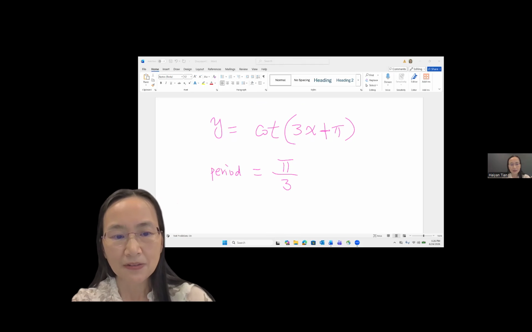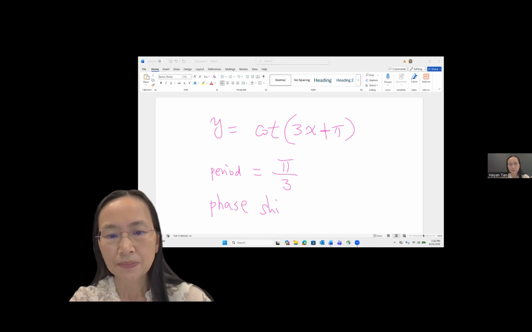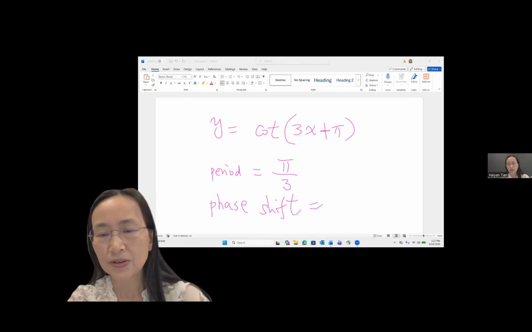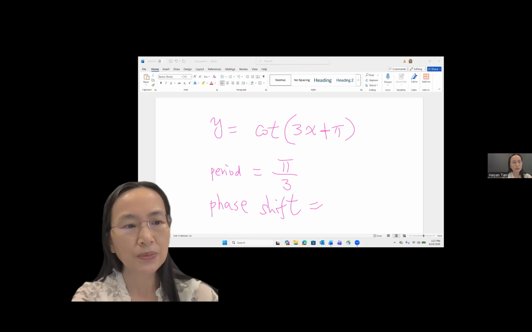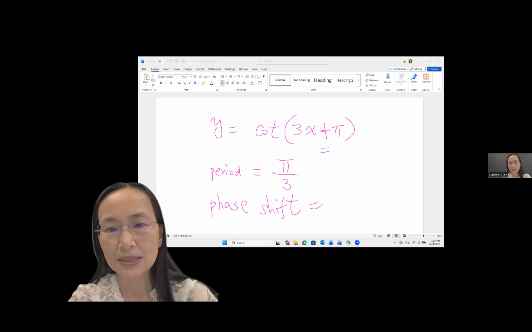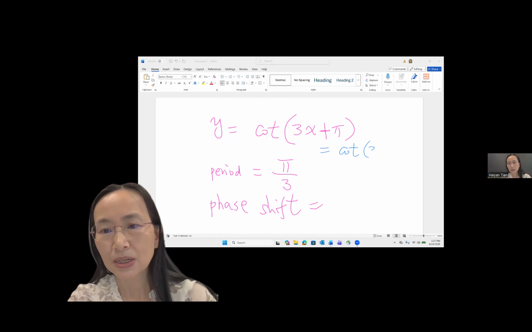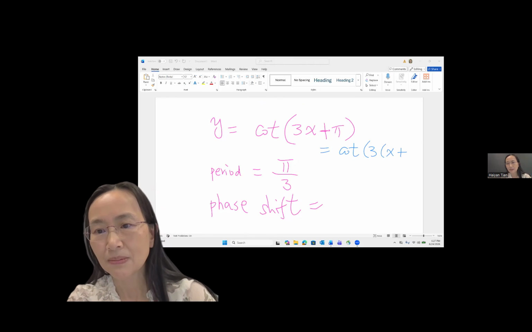And phase shift. Phase shift is, okay, so then we will need to rewrite this function so we can see better. So cotangent, if I factor out 3, then what is left? x plus pi over 3, right?